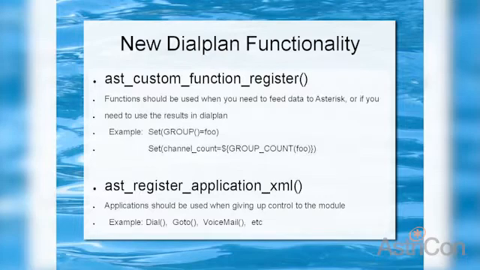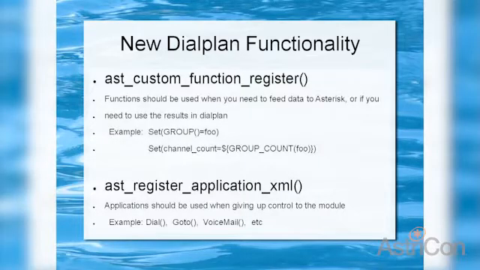If you want to use a value from a function, you can do so in Dialplan with Set, which you're probably familiar with. And if you want to give up control of your Dialplan to, let's say, voicemail or Dial, you'd use an application for that. Really, behind the scenes, they make no difference. You can use an application instead of a function, or a function instead of an application, because really it's just a callback. But keep this in mind if you want to get your code into Asterisk mainline.